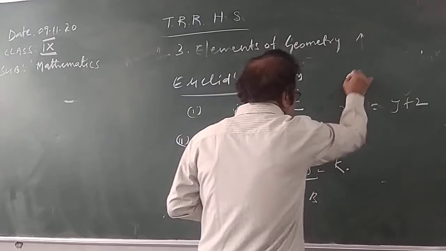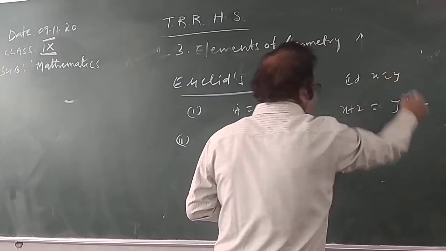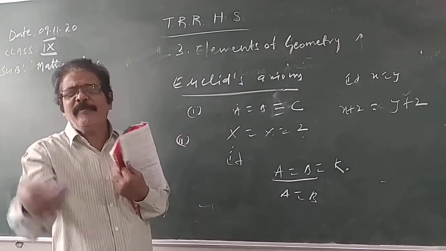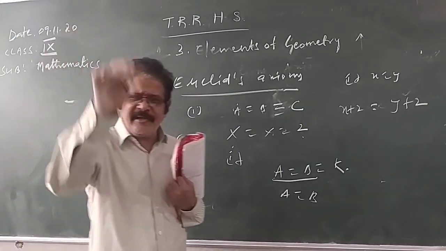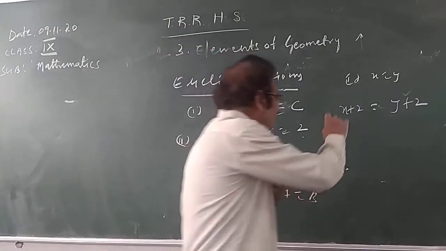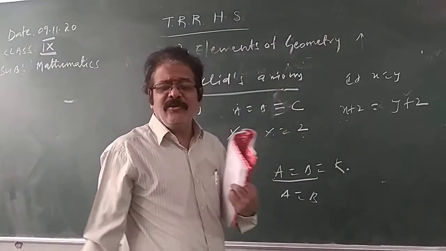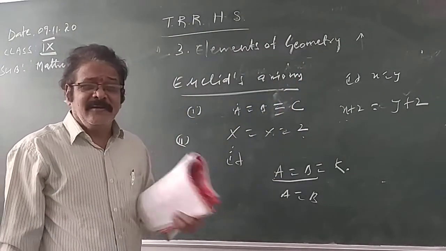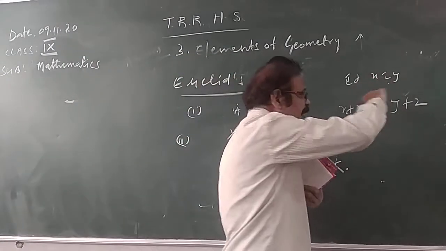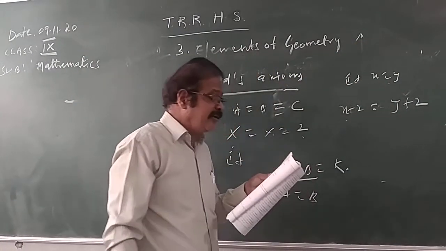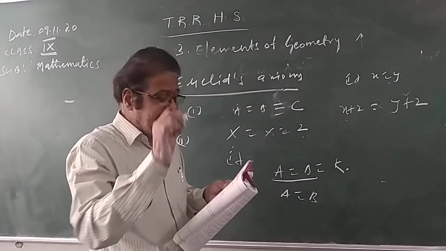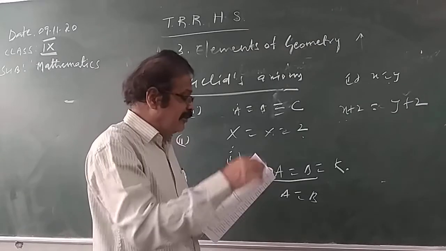If X equal to Y, whatever is added to X, the same thing should be added to Y. Whatever change you bring in X, the same change you bring in Y. That is Euclid's second axiom: if equals are added to equals, the wholes are equal.